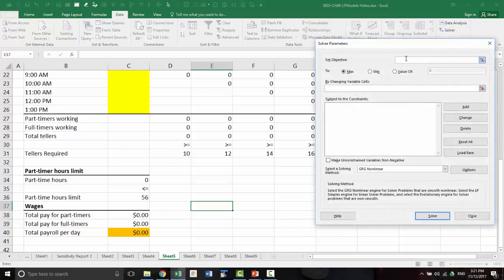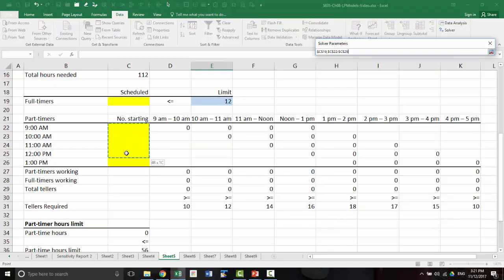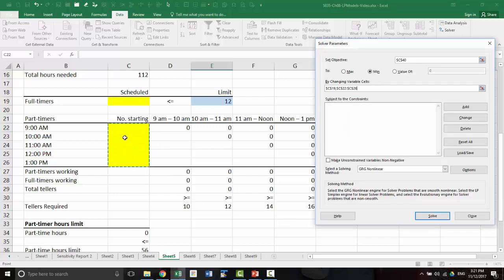So now we have the model. Solver: that should be minimized, and we have two changing ranges, so a comma, then the next. When you have changing cells that are not contiguous, you just put a comma and then enter the next range.